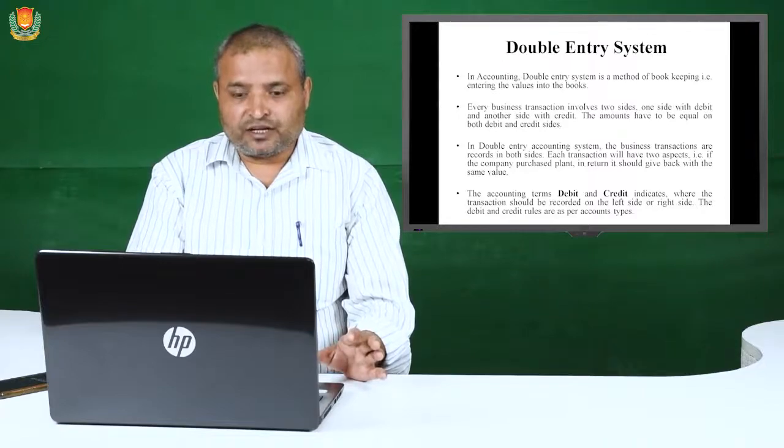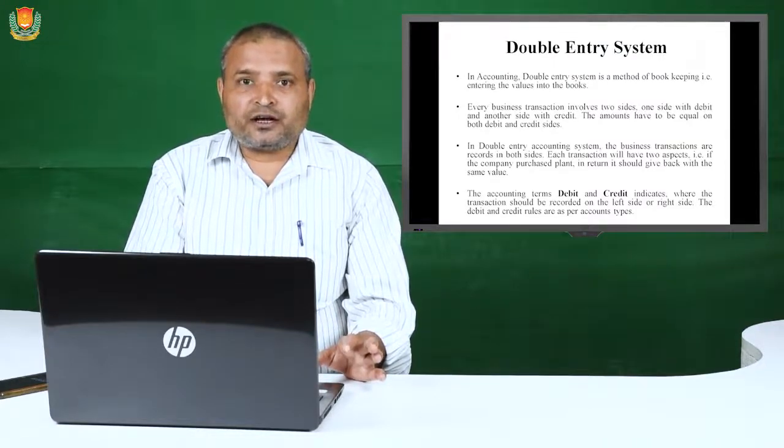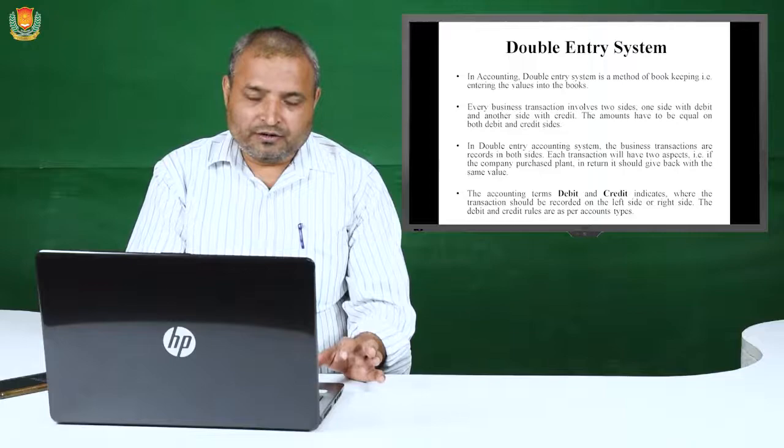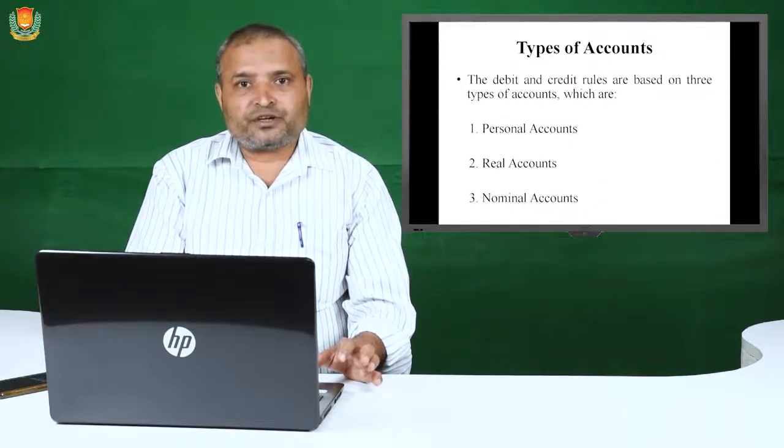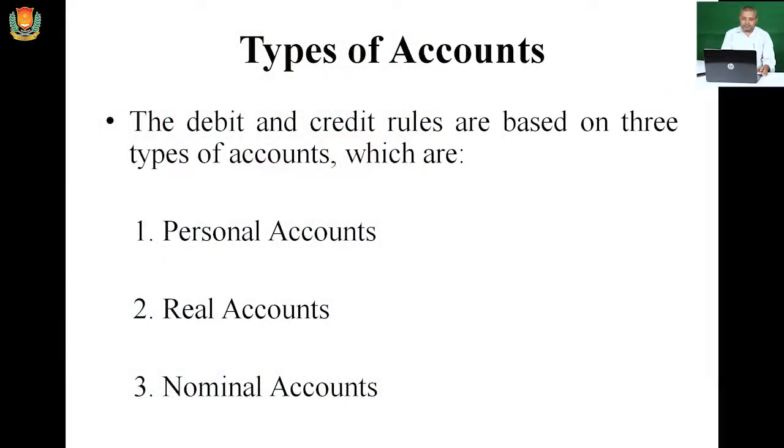In this system, transactions are recorded in a systematic manner, and they are debited or credited on the basis of types of accounts. So what are the types of accounts for maintaining accounting records? Accounts are divided into three parts under double entry system. They are personal accounts, real accounts, and nominal accounts. Personal accounts are those accounts which relate to a person.